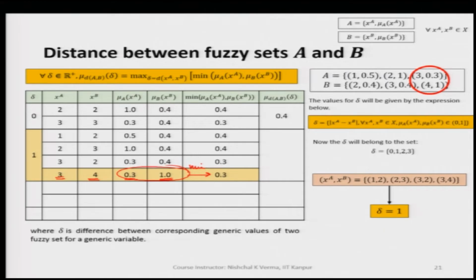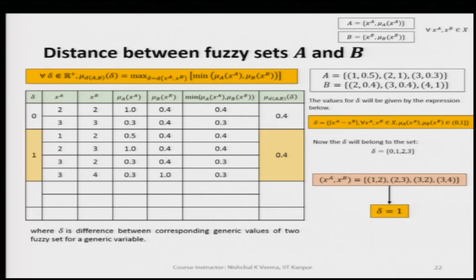Now, when we have found all four minimums of the corresponding membership values corresponding to delta is equal to 1, then we take the max of all these. So, here we take max, and this max is going to give us 0.4.